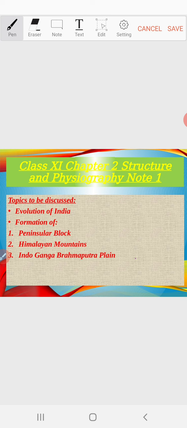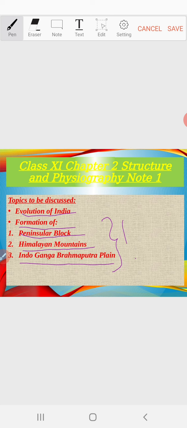Hopefully it will be very interesting to know about the topics that I am going to discuss today, because I'll discuss the evolution of our own country, that is the evolution of India, then the formation of the three major geological divisions, that is the Peninsular Block, the Himalayan Mountains, and the Indo-Ganga-Brahmaputra Plain, and what are the basic forces that are activating.